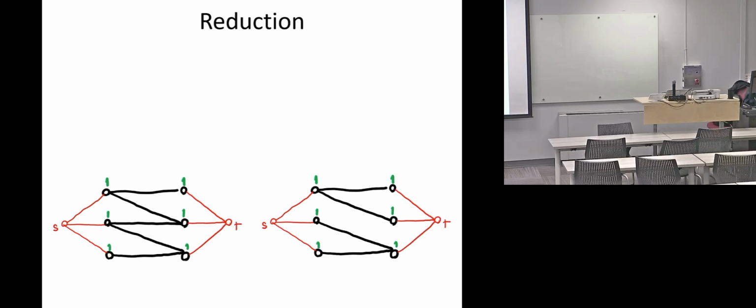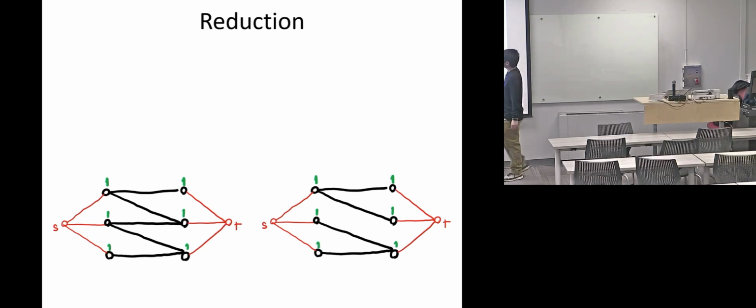The positions are connected to the sink, right? And I put the capacity of every node here to be 1, because every applicant here can be matched to only one job, and this position accepts only one person. So every node here has capacity 1.